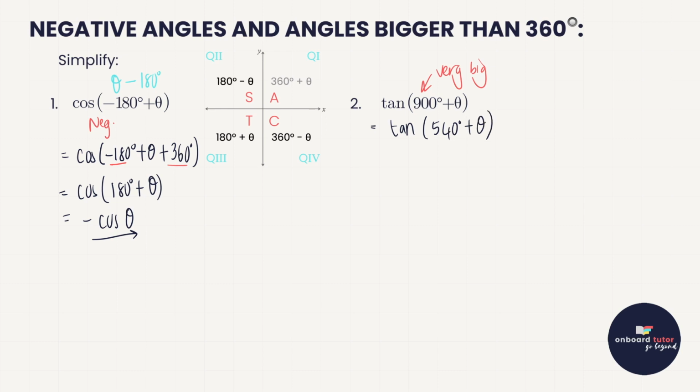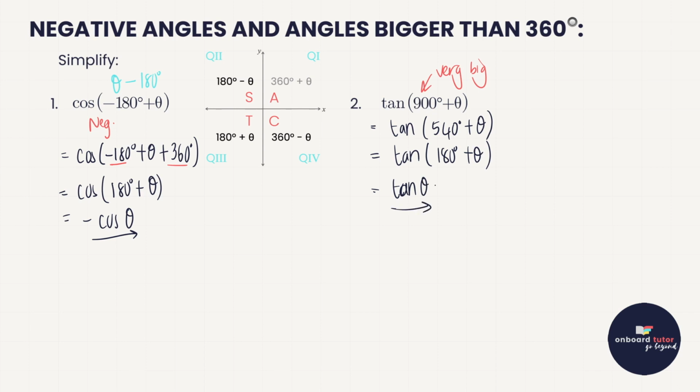Okay, but 540 is actually still too big. Our Cartesian plane goes up to 360. So we're going to have to do it again. So let's go 540 then minus 360. And we end up there with 180. So 180 plus theta. Okay, that's here in quadrant 3. Tan is positive there, and so that simplifies to tan of theta.